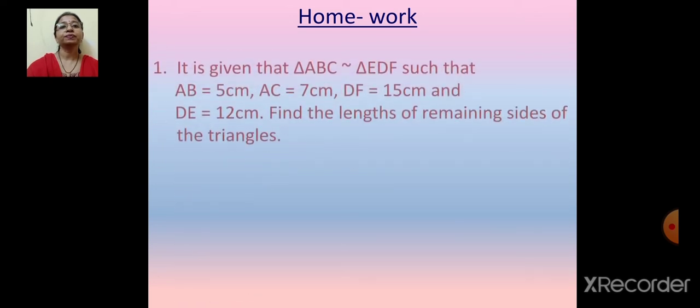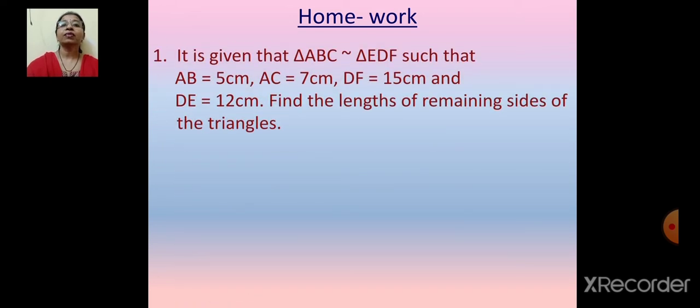Now I have some homework questions for you. It is given that triangle ABC is similar to triangle EDF such that AB is equal to 5 cm, AC is equal to 7 cm, DF is equal to 15 cm and DE is equal to 12 cm. Find the lengths of remaining sides of the triangle.